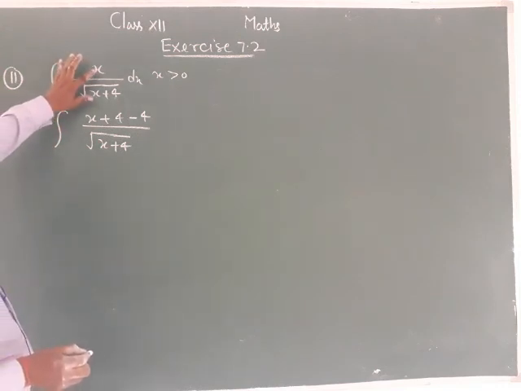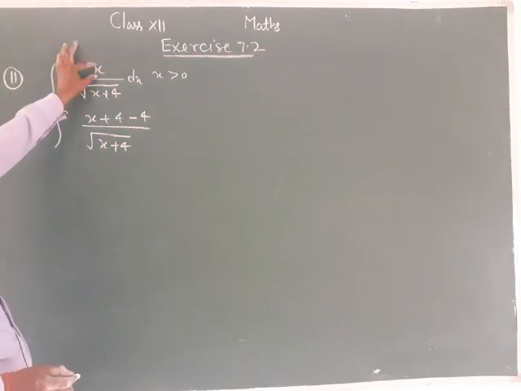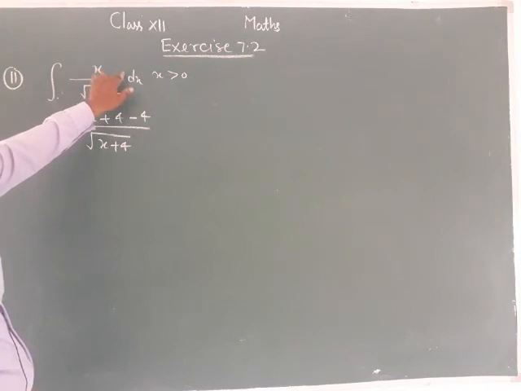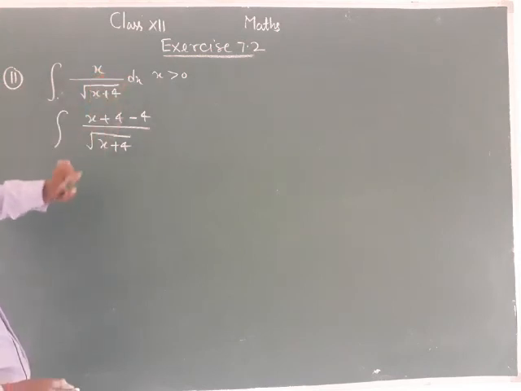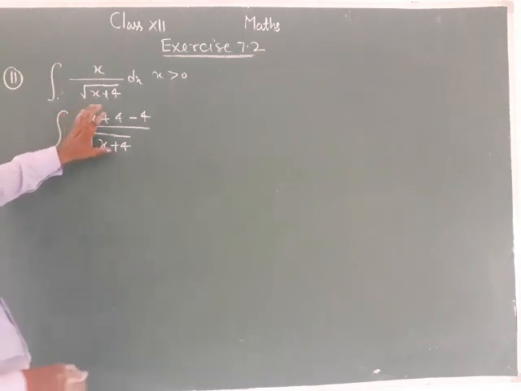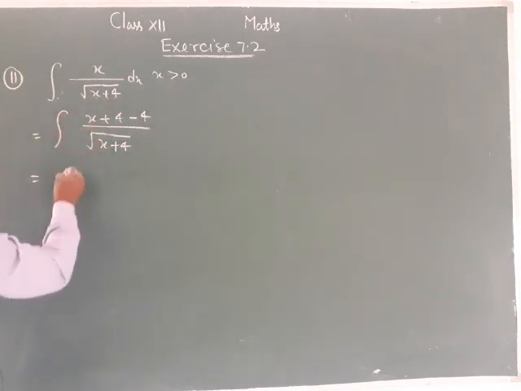Adding 4 and subtracting 4 in this form, we make x plus 4 minus 4. Now we can split by parts.